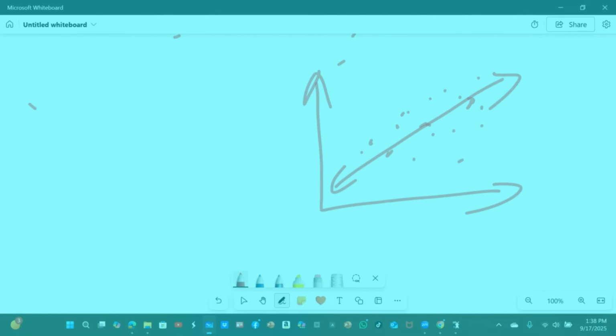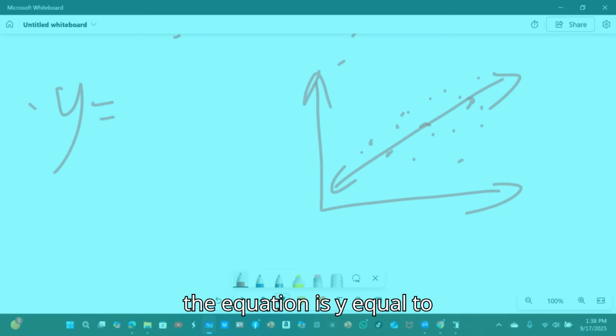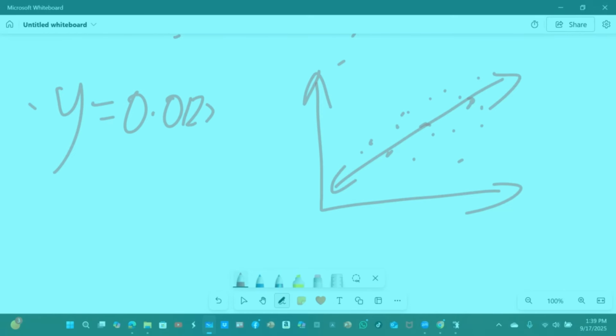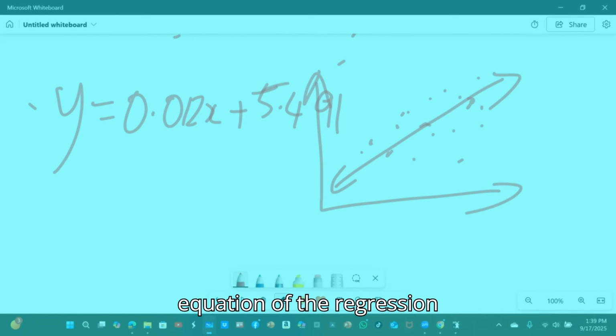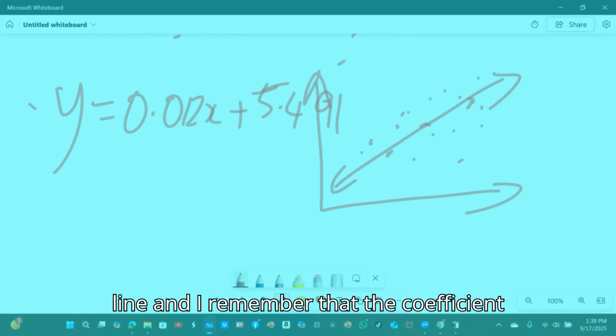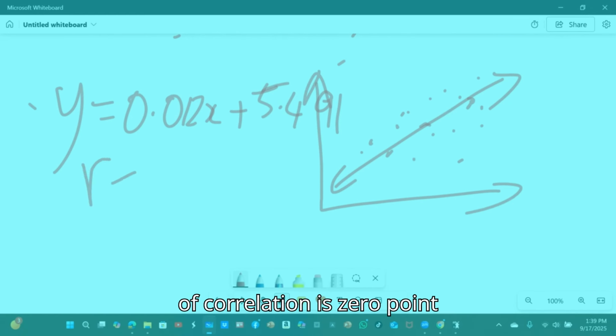So the equation is y equal to 0.012x plus 5.491. Okay, so this is the equation of the regression line.